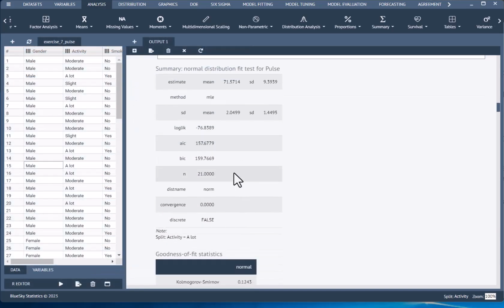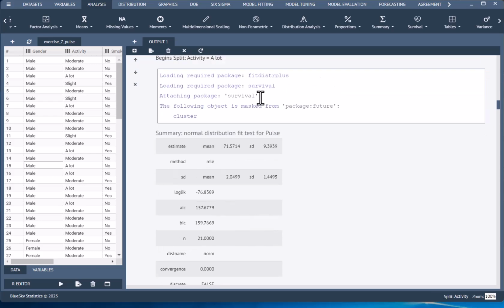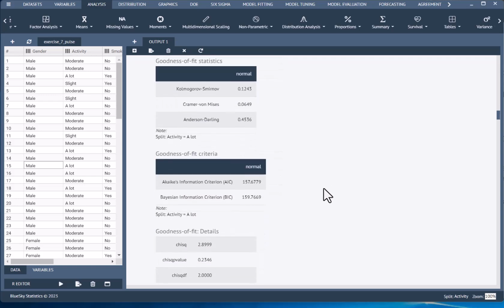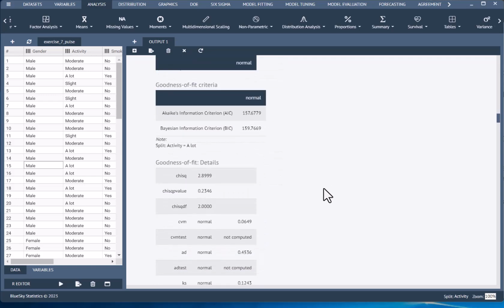It has done this. So here's our distribution fit for pulse, activity level a lot. And you only need to look at one statistic here, and that is the p-value for chi-square. So that p-value is 0.2346, which is greater than 0.05.